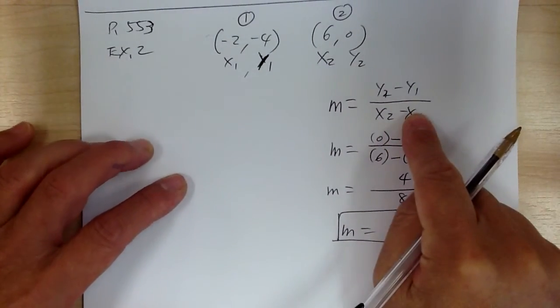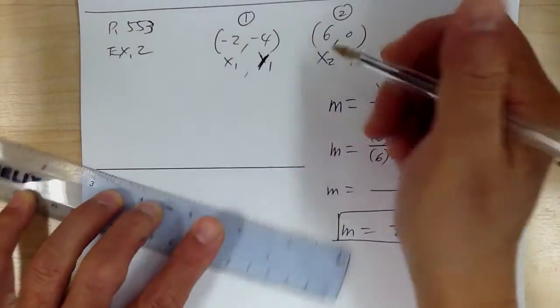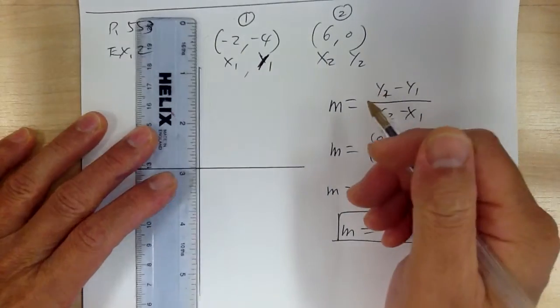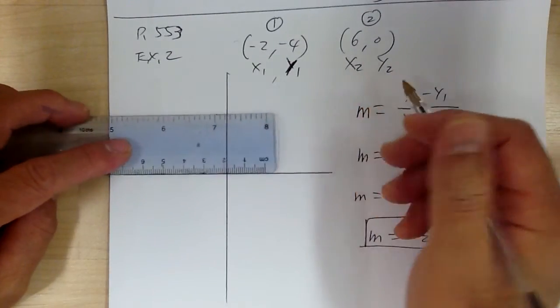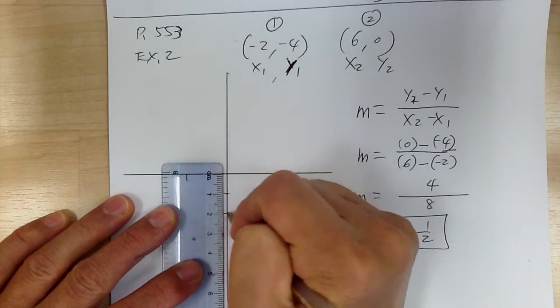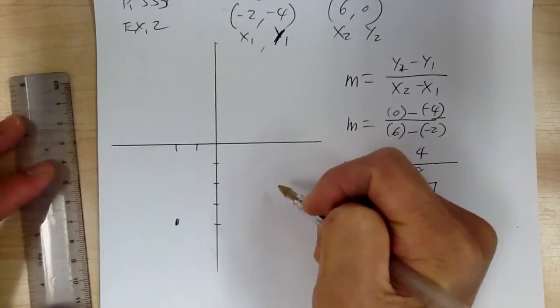If you have the graph, you don't even have to do all this. Sometimes they give you a graph. The first point is -2, -4, so this point over here.